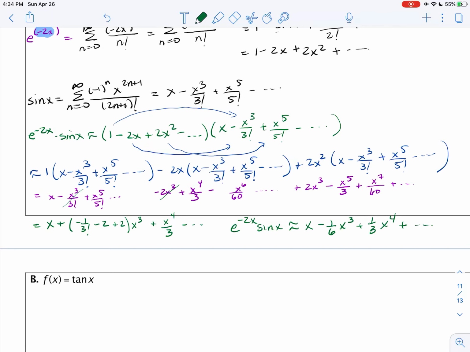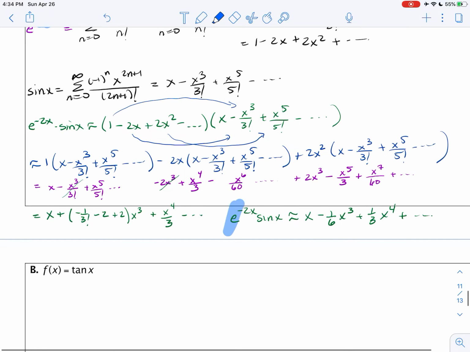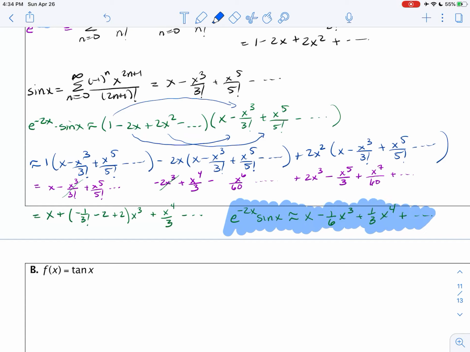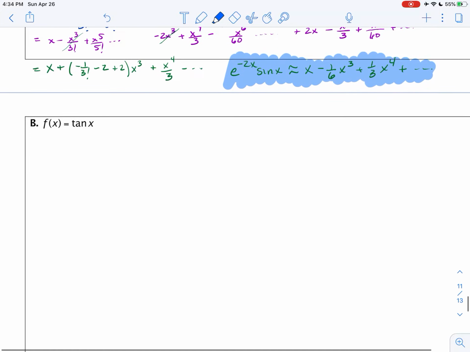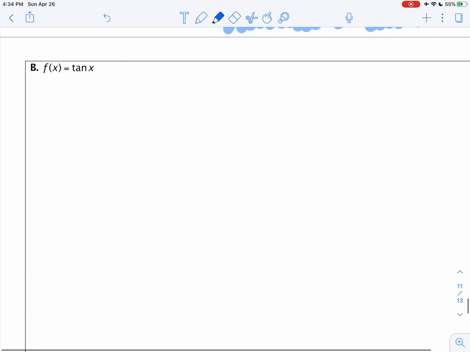And then my next third term is 1/3 x to the fourth. And that's the first 3 non-zero terms, and I'm using my known Maclaurin series and power series expansions for each component, and knowing that I can multiply by multiplying polynomial terms.